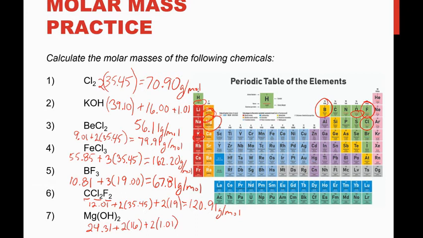So I get 2.02 plus 32 plus 24.31. That's going to end up giving me 58.33 grams per mole. And hopefully that was helpful for you.